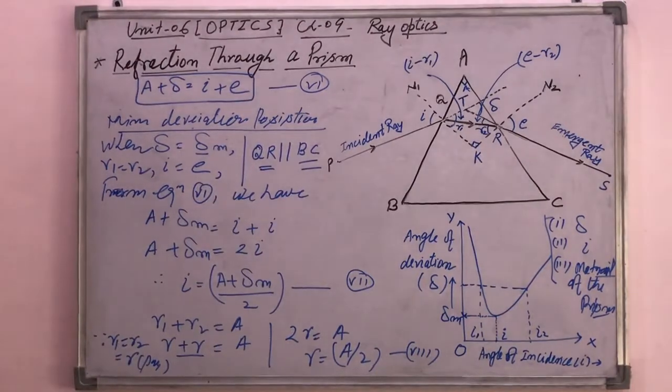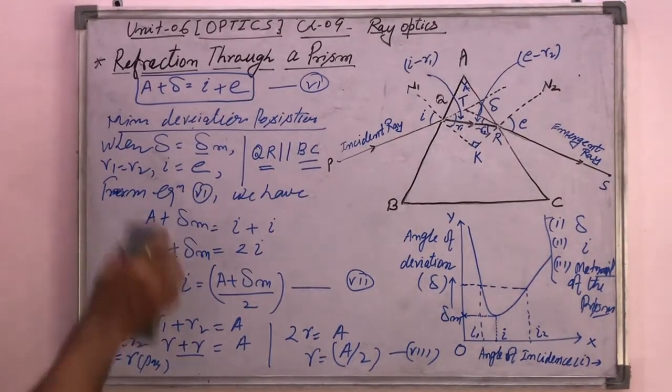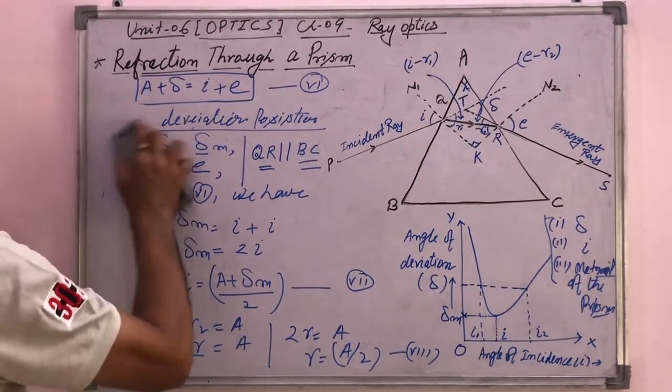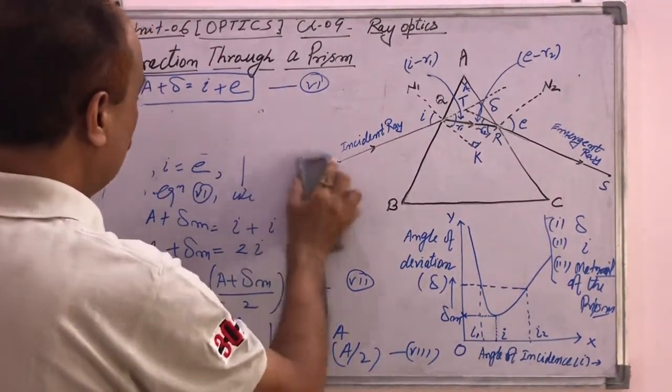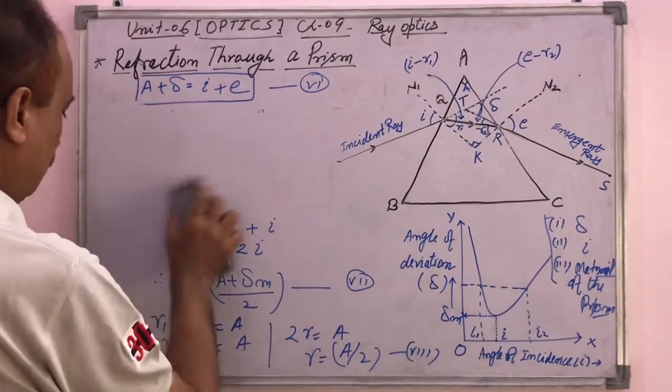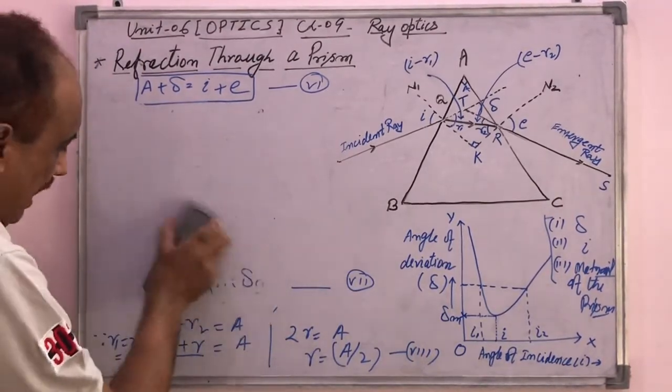Now from equations number 7 and 8, we have to write the relation for the refractive index of glass of the prism, and we take the help of Snell's law.